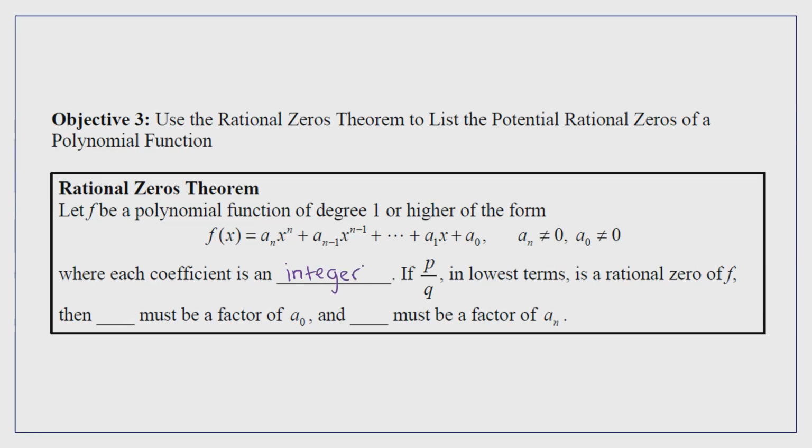If p divided by q in lowest terms is a rational zero of f, then p must be a factor of a sub 0, so that's your constant, and q must be a factor of a sub n, so that's your leading coefficient. Okay? All right.